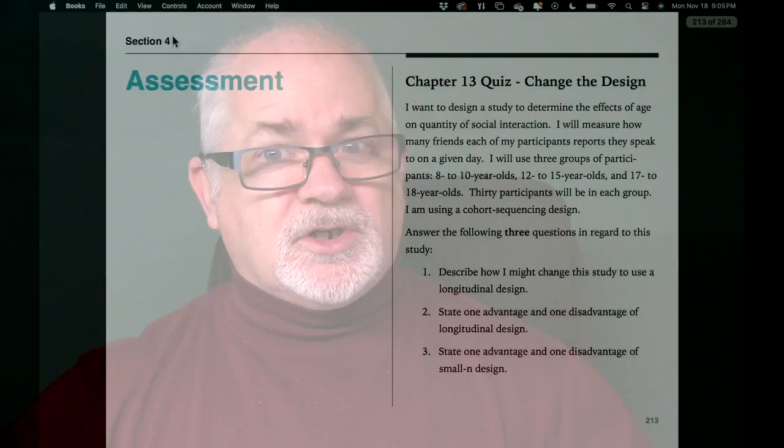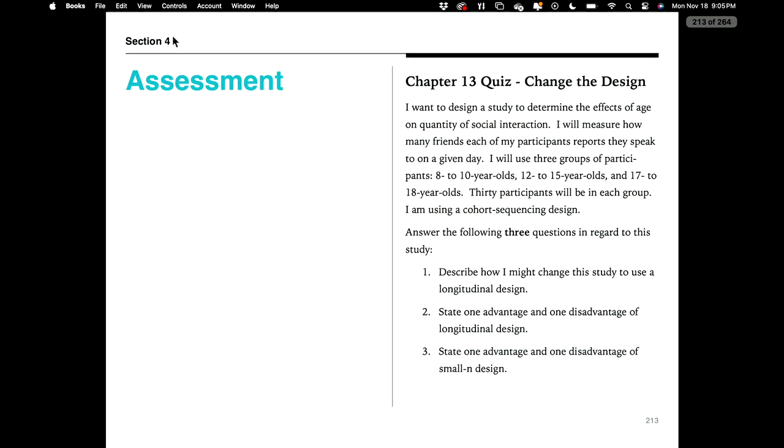Looking at that particular scenario, I ask you some questions, and those are the ones that I want you to answer on the quiz. So let's take a look at the actual page here of the Chapter 13 quiz. I'm looking at the effects of age on the quantity of social interaction.